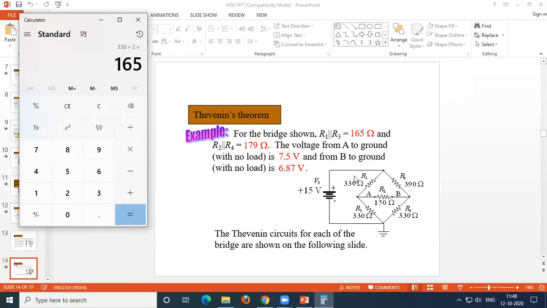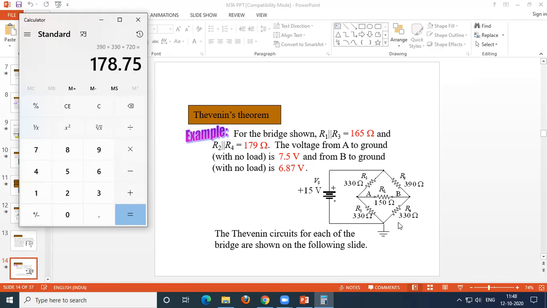So here R1 and R3 are in parallel, the combination is 165 ohm, and R2 and R4 are in parallel. At that time R2 into R4, or 390 multiplied with 330, divided by the addition, 720.